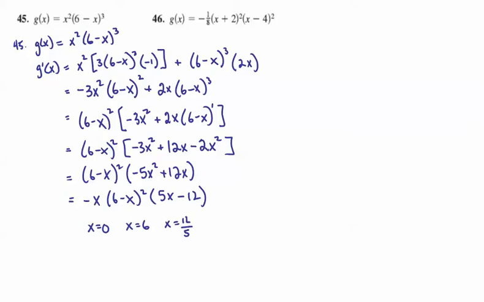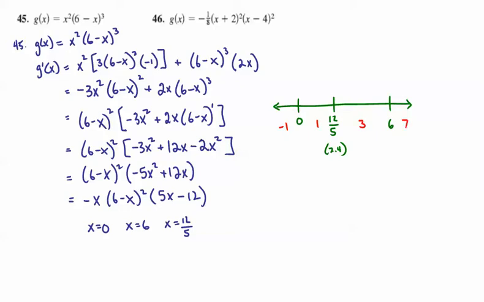Alright, so we're going to make a sign chart here with our three critical numbers at 0, at 12/5, which is about 2.4, and then at x equals 6 over here. So we'll have -1, 1, 3, and 7.